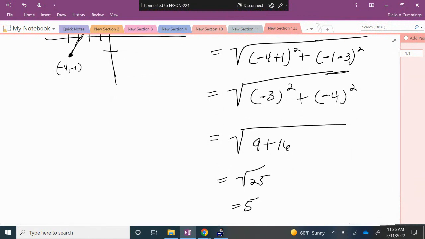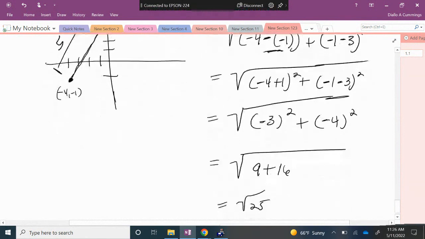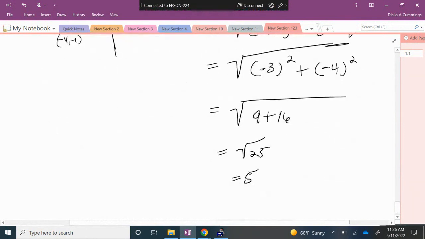So that means that the distance between these 2 points should be 5 units. Notice that for the distance, we get a single quantity, which is a number.